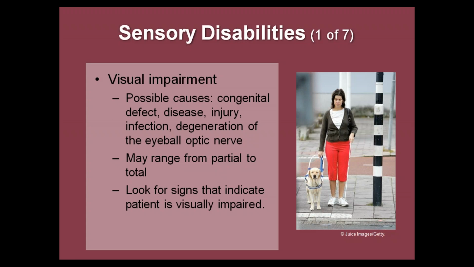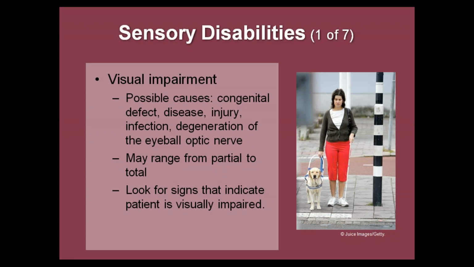Sensory disabilities. We could come across individuals who have a visual impairment. This could be caused by congenital defect, disease, injury, infection, degenerative disease of the eyeball or the optic nerve.